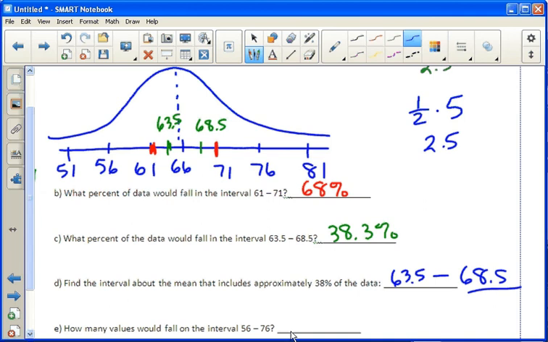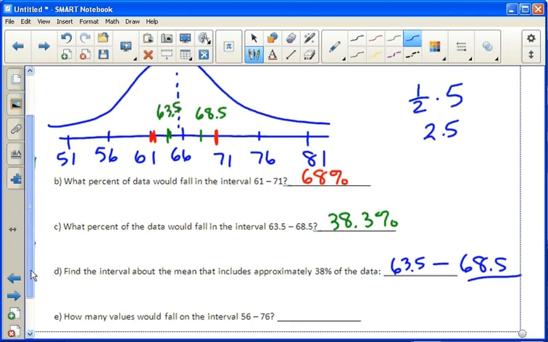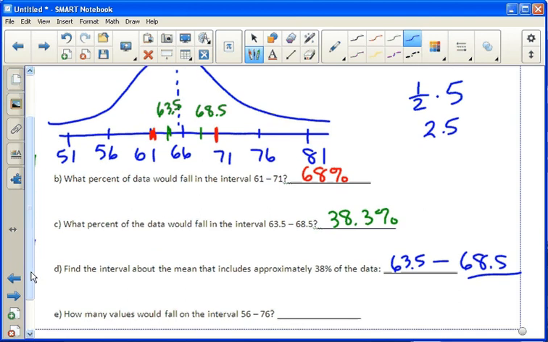Okay? And then finally, how many values would fall on the interval 56 to 76? Alright, that is 2 standard deviations above and below. So some of you are probably thinking, oh, well, that's 95%. That's one of the ones we memorized. That's true, but it didn't ask what percentage of values fall in that range. It said how many values fall in that range. If you look back at the problem, it says there are a total of 750 values.